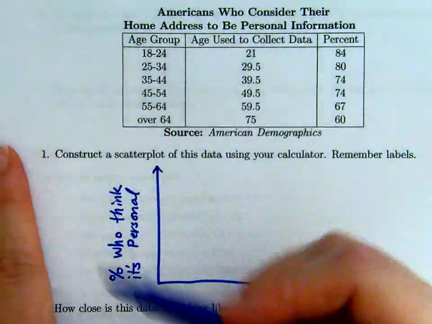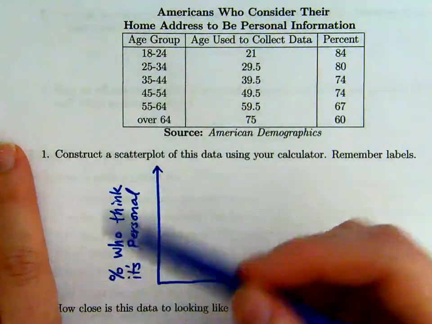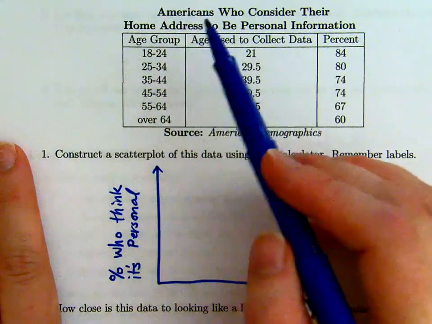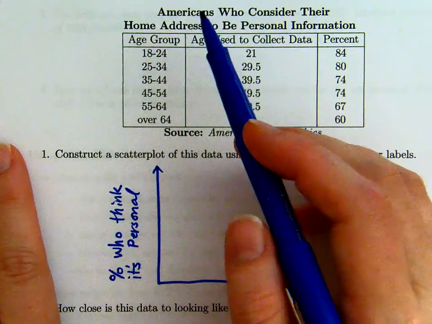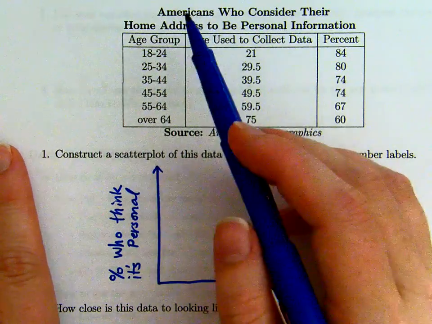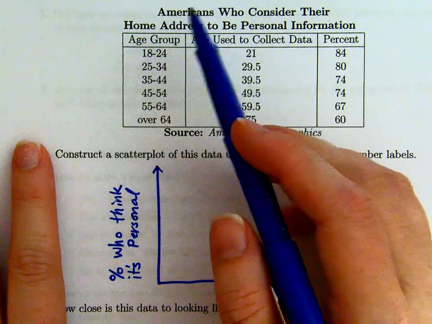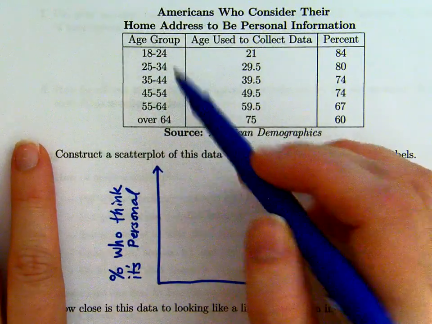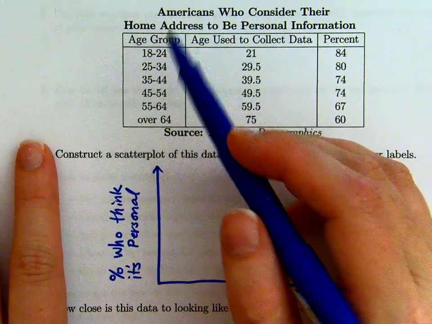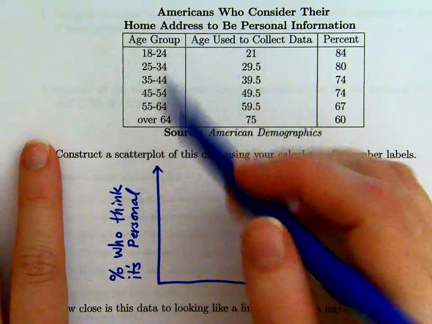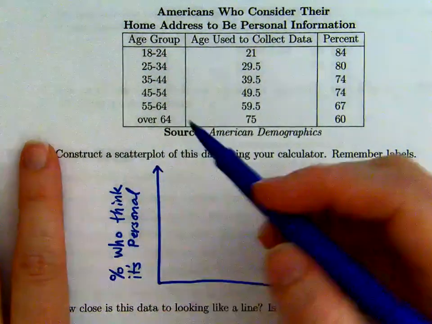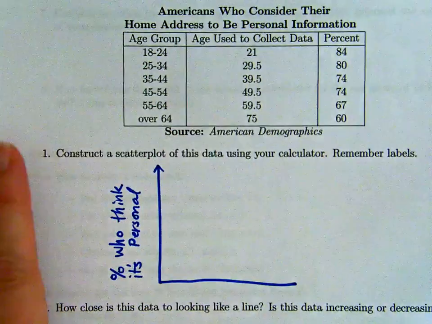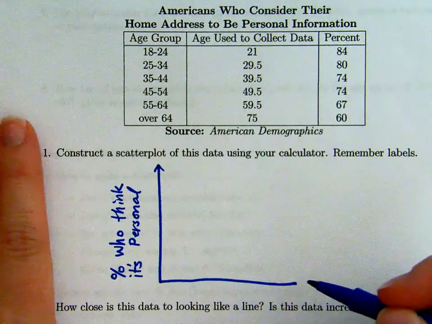Okay, now I left off a lot of information there because it said Americans in the source, but I prefer to say it looks like really these are adults in the United States, right? Adults within the United States who consider their home address to be personal information. That's really what our vertical axis is.